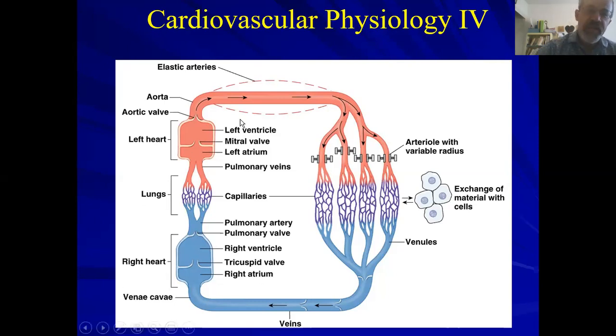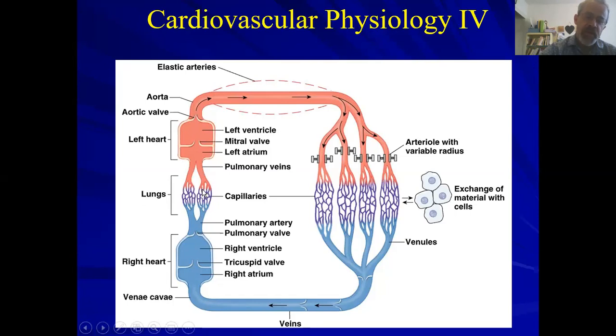This right here is a nice little diagram showing blood flow and the different parts of the heart, and you can see the direction of it. It's kind of weird how it's set up, but let's start at this point, pretend this is the left side of the heart. If you remember, the left side of the heart receives oxygen-rich blood from the lungs. That's why it's reddish, via the pulmonary veins.